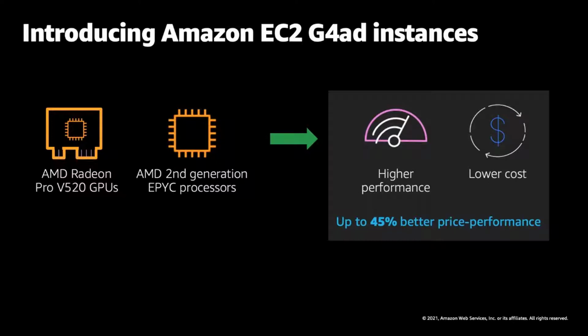These AMD Radeon Pro V520 GPUs offer customers such as yourself up to 40% better graphics performance at a 15% lower cost versus our comparable instances for graphics workloads like game streaming and remote workstations, which we'll dive into later. This combination of higher performance and lower cost offers customers like yourself up to 45% better price performance versus our comparable instances.